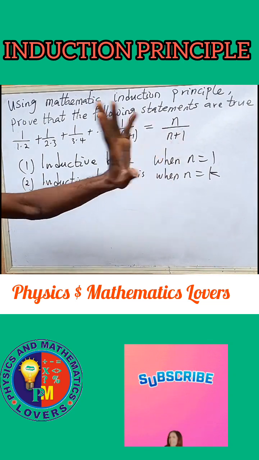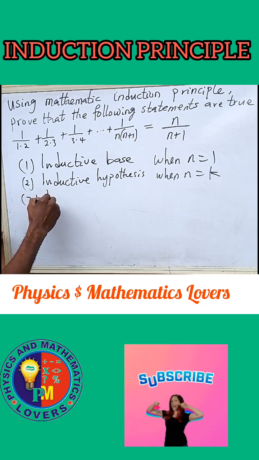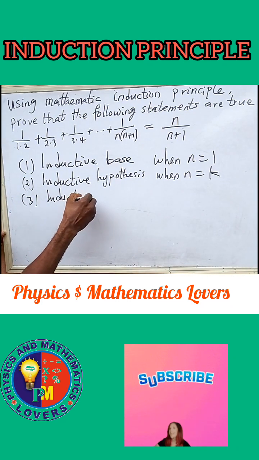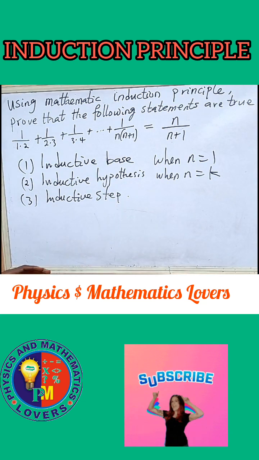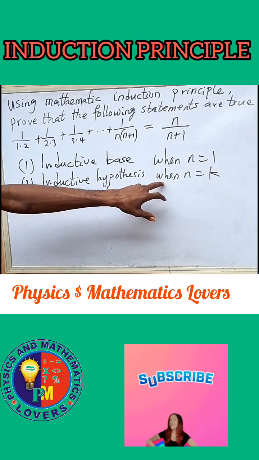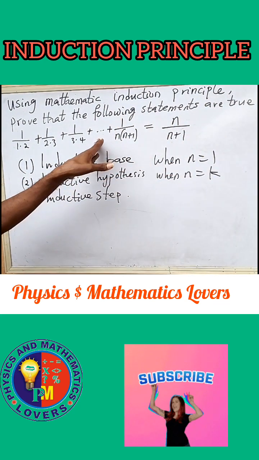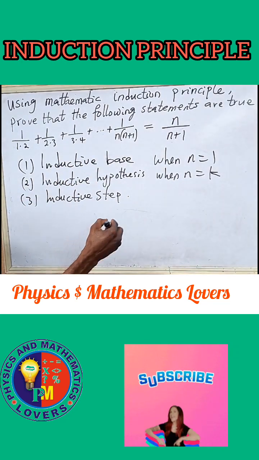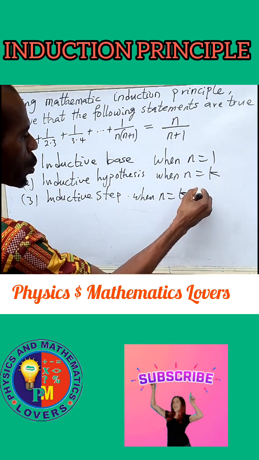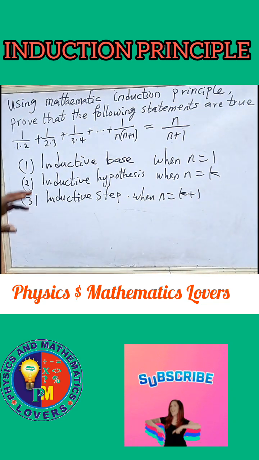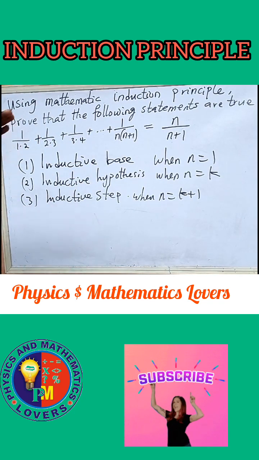The last step, number 3, we call the inductive step. This is where you assume, and in this case we have already assumed, that when n equal to k it is true for this statement. Then you say when n equal to k plus 1, for all real integers or natural numbers.